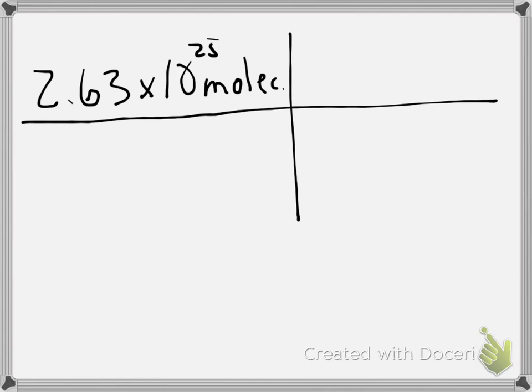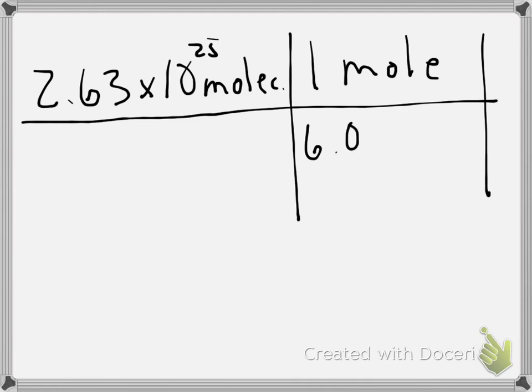And then I have to multiply this by a conversion factor. Remember, we want to get moles at the end. So we write 1 mole over 6.02 times 10 to the 23rd molecules. Okay, so that's the only number we use.